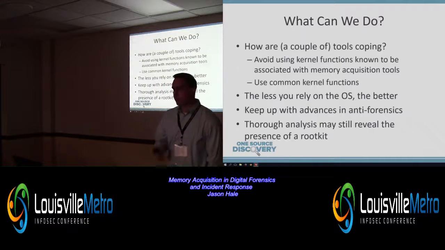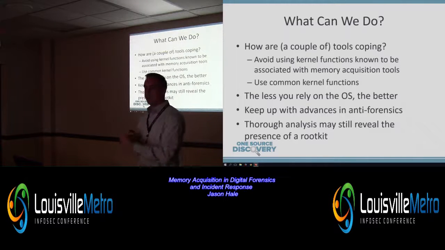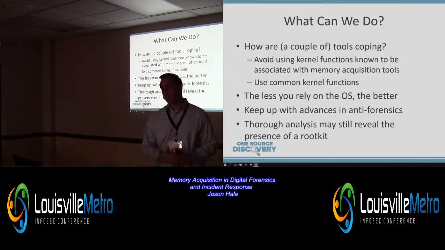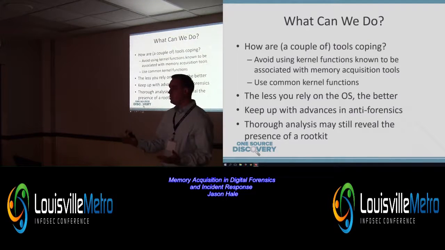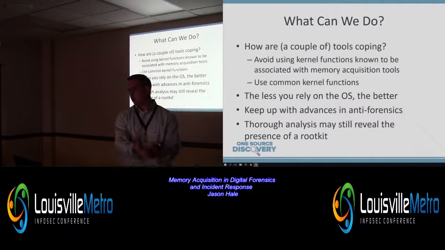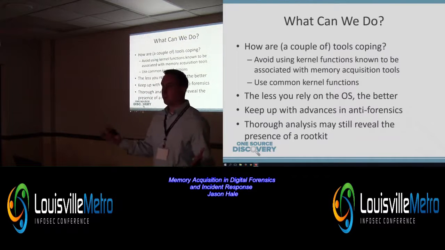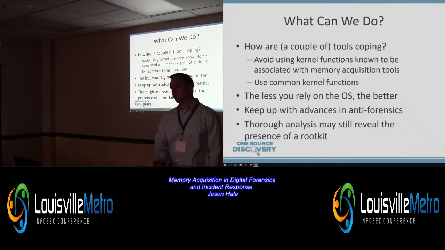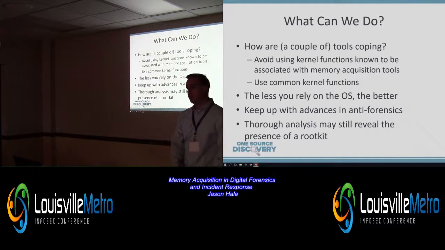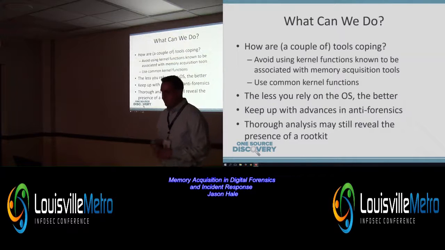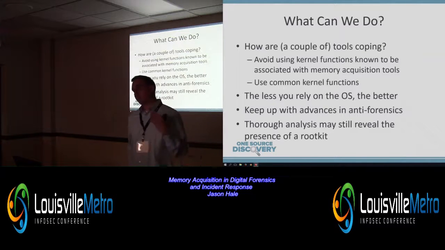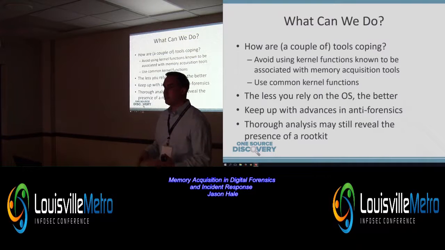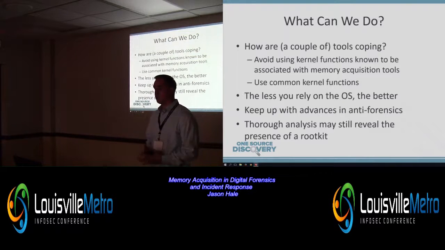So as I mentioned earlier, if malware hooks some of these exotic APIs that nothing other than memory acquisition drivers are using, then it's easy for a rootkit to just hook that and not affect the overall state of the system. But if you have acquisition tools that are using the same APIs as everything else, then you can't necessarily, as a malware author, hook those APIs, because then you're going to destabilize the system and nothing works.